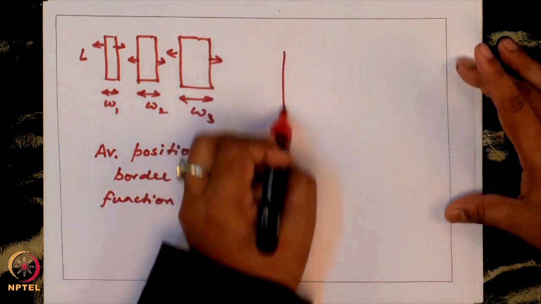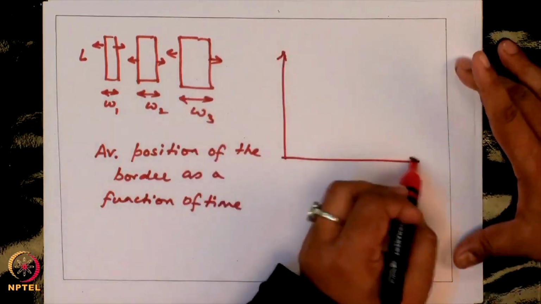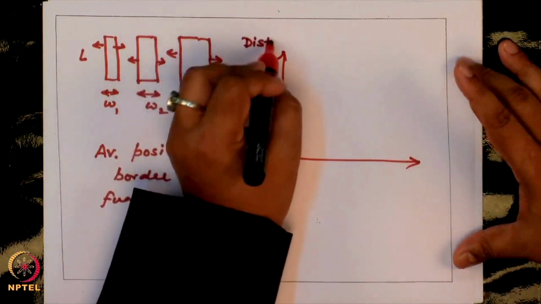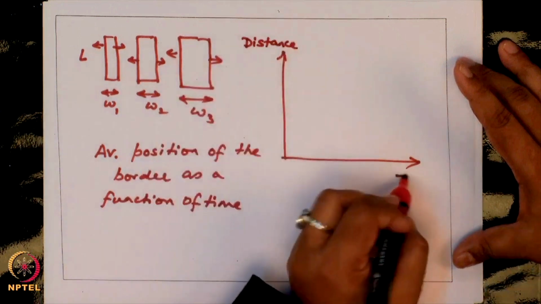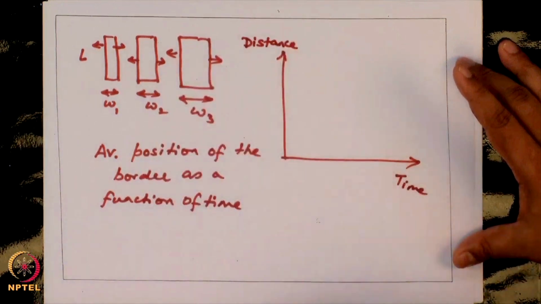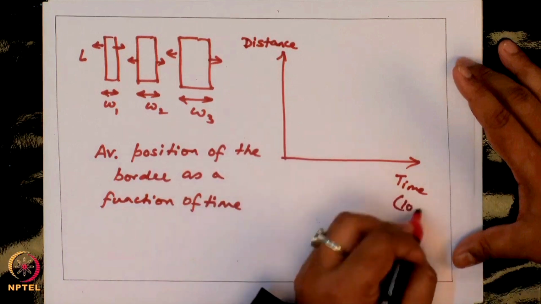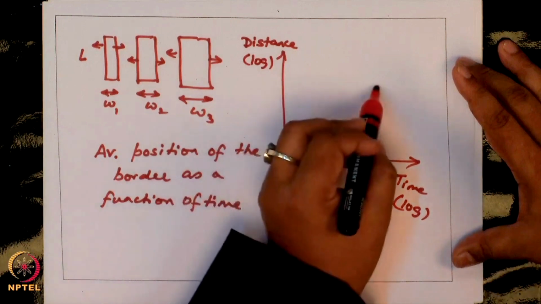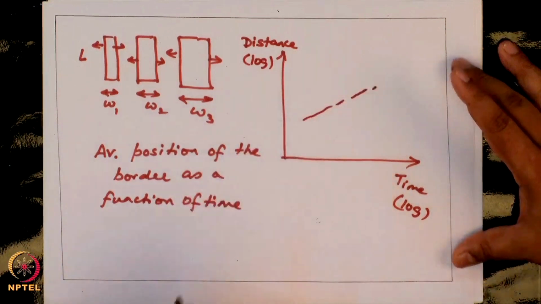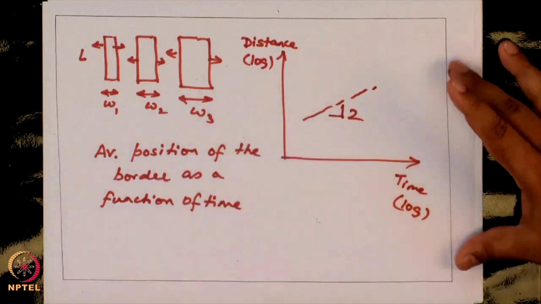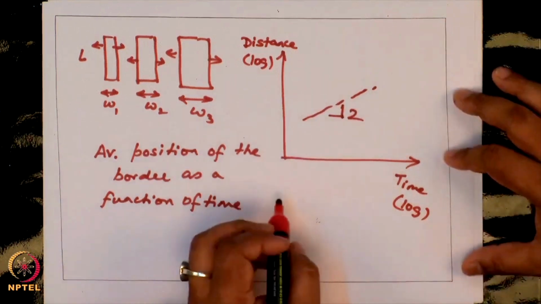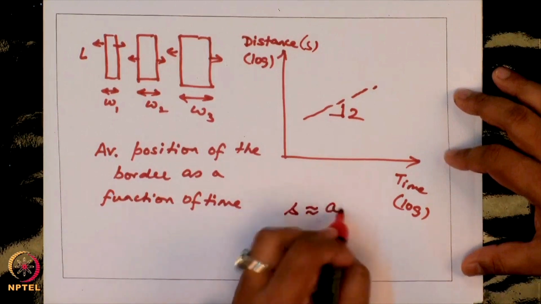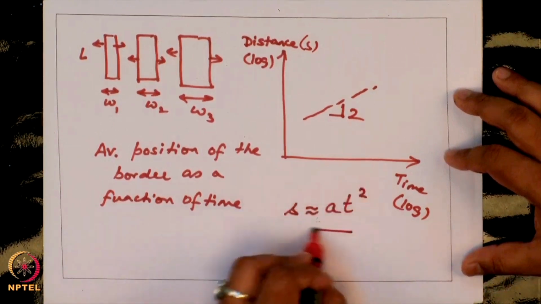as a function of time. Okay. So, what they found, okay, so let us say this is some distance moved, okay, and this is time. So, when they plotted in log scale, they got these data which approximately had a slope of 2. Okay. So, which means that the distance, let us say S, is approximated by the expression a t square.